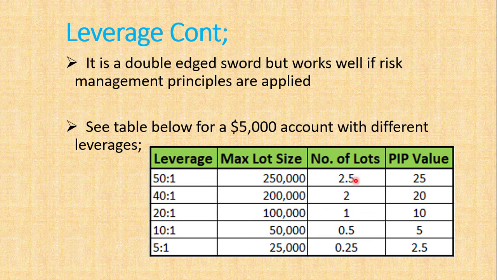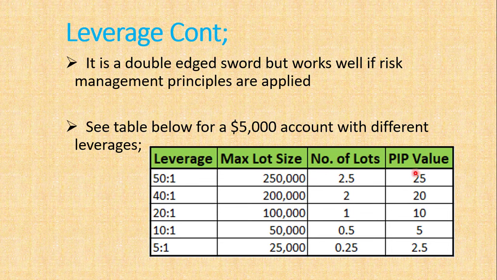Remember we said earlier that a lot is equal to 100,000 units. And this gives a pip value of 25 units. So the larger the lot size, the higher the value of the pip. And as much as it means a higher gain per pip, it also means a higher loss per pip.